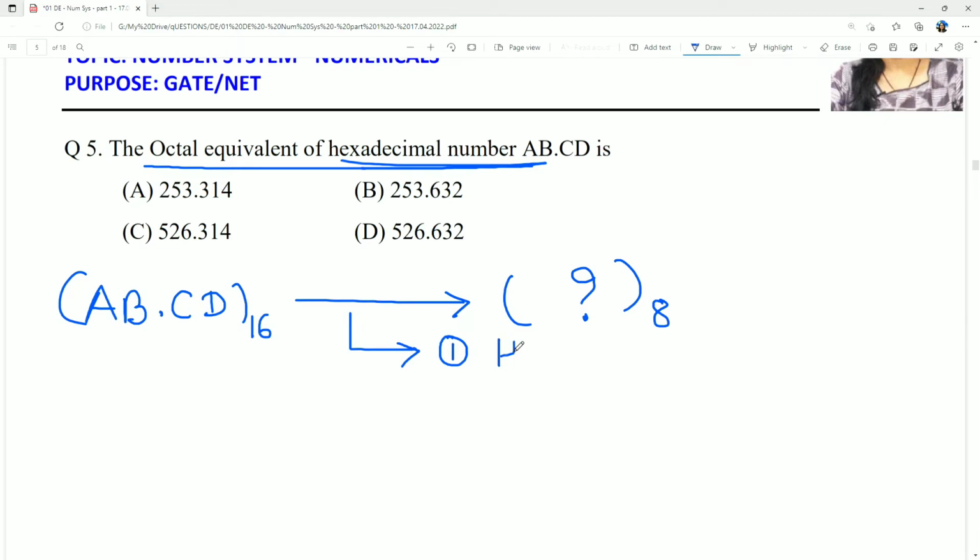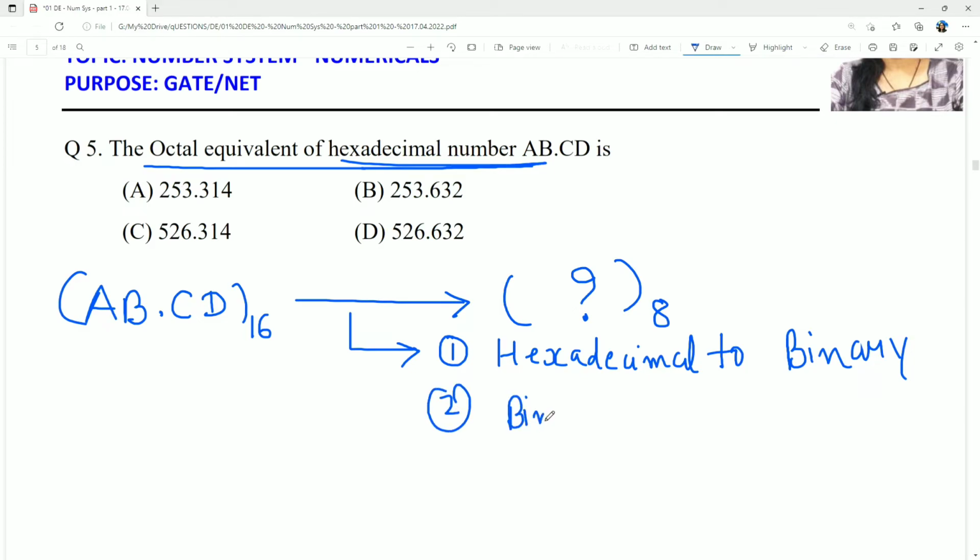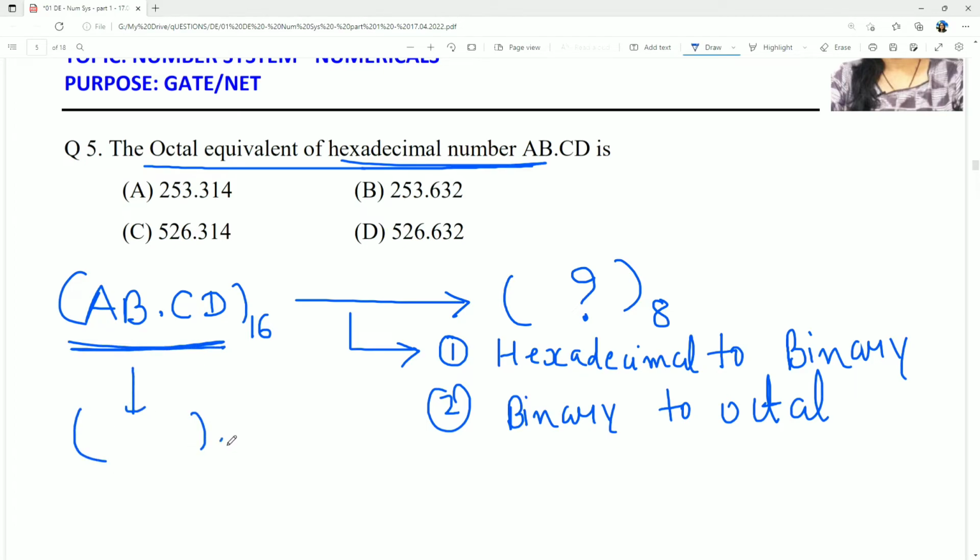Firstly, you need to convert the hexadecimal number into binary form, and after that binary to octal. So firstly you need to convert that given hexadecimal number into binary form, and after that the binary form is going to be converted into octal form.